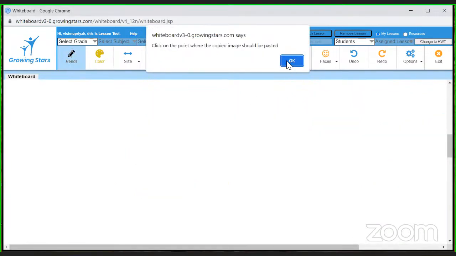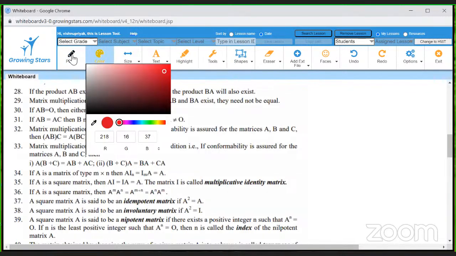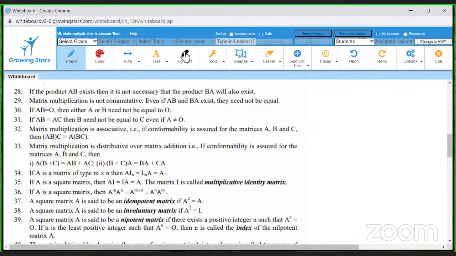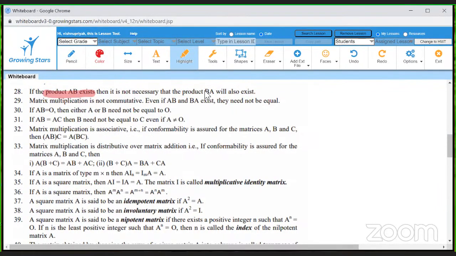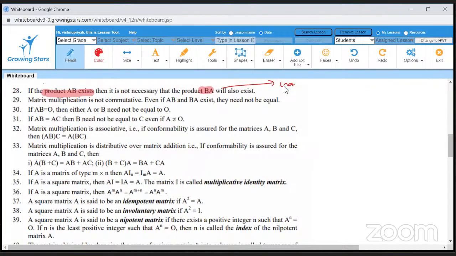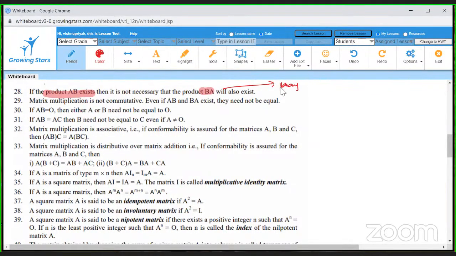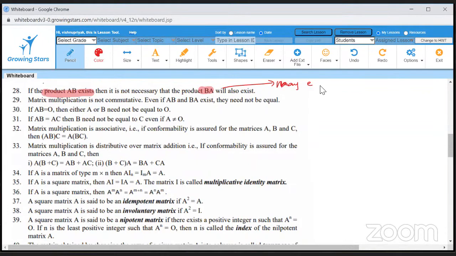Next synopsis. If AB exists, then BA may exist, may not exist. Sometimes BA will exist, or may not exist.